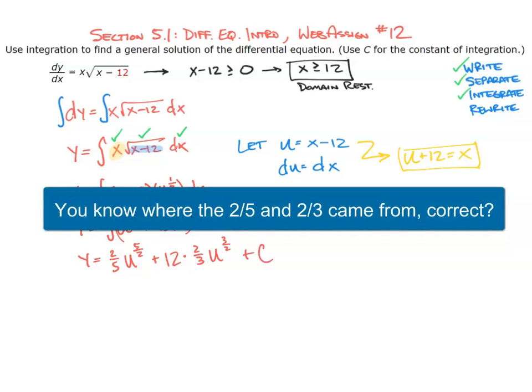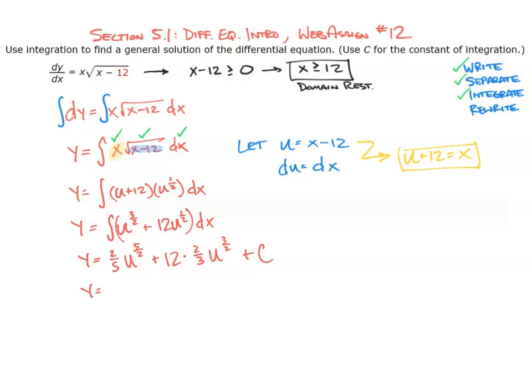Don't forget your constant of integration there at the end. Let's go ahead and clean this up a little bit. Substituting back my expression for x in terms of u. 12 times 2/3, let's see, 12 times 2 is 24. 24 divided by 3 is 8. And we're done.